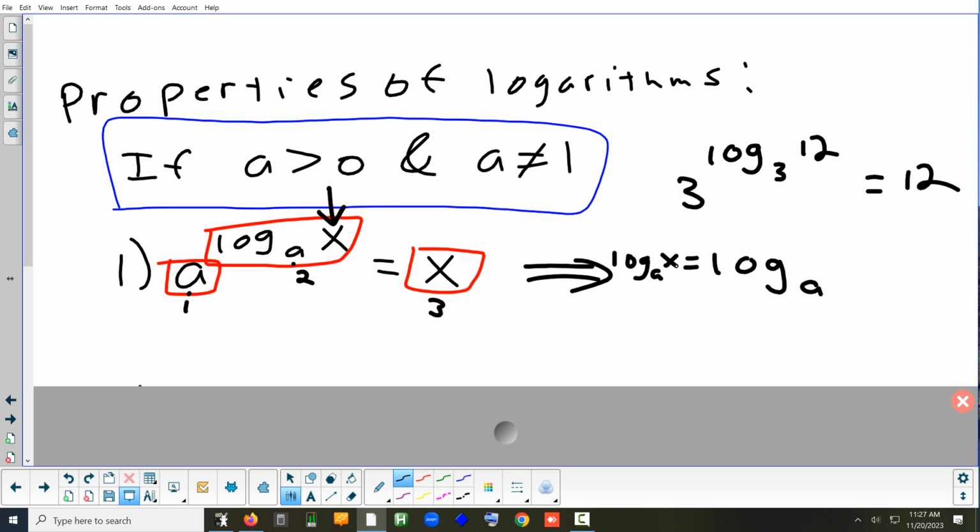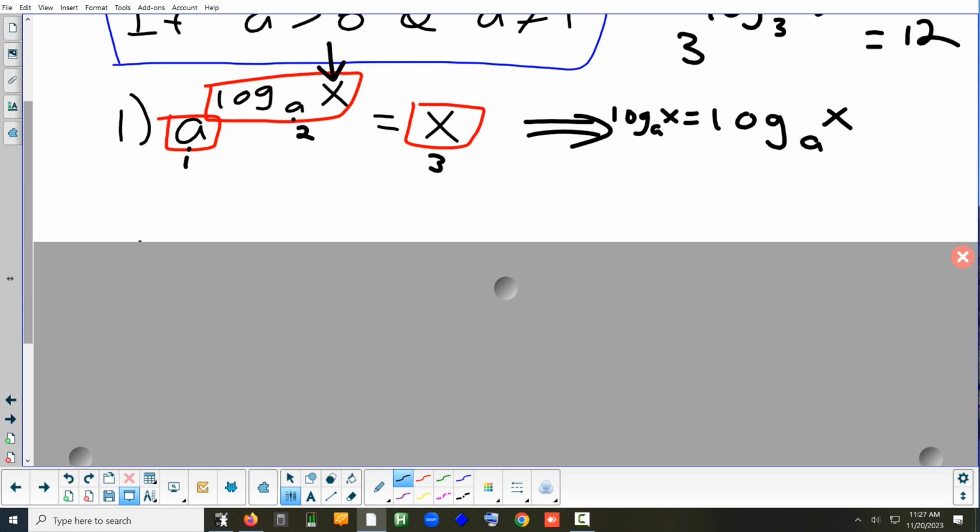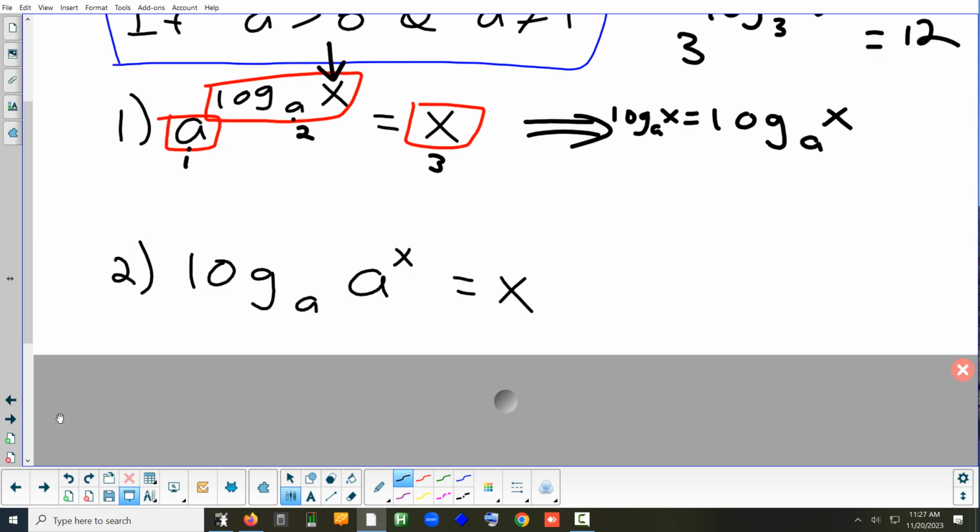That was all by itself on the other side, and what was by itself becomes the what? The argument. So all that this rule is really saying is that something is always equal to itself. It's basically the reflexive property. Log base a of x equals log base a of x, of course. Something is always equal to itself. Let's try this one.